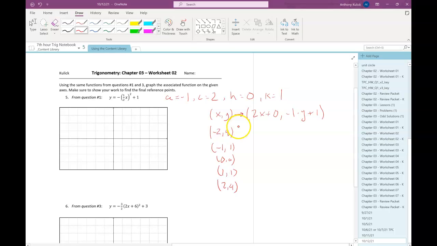Same key points because that's the same parent function. And I'm just going to plug things in. So I'm taking my -2 and plugging that in for x. So 2 times -2 is -4, and then plus 0 is still -4. And I'm taking the y and plugging that in for y. -1 times 4 is -4, and plus 1 is -3. And I'm just going to continue doing that.